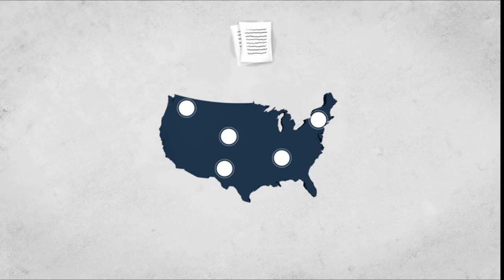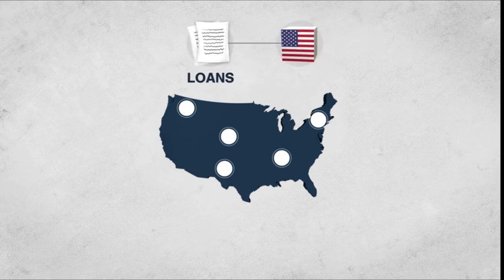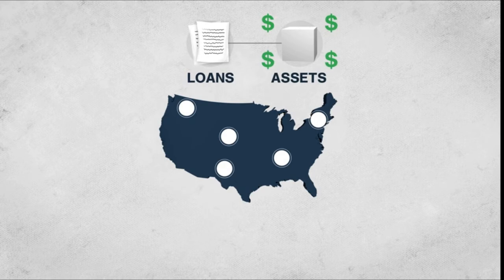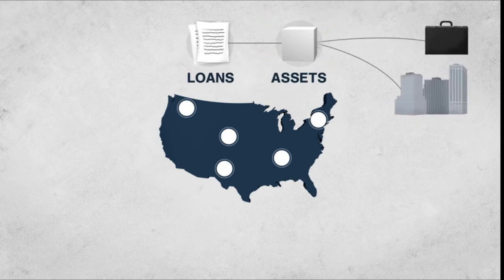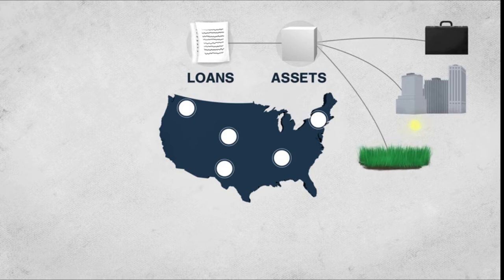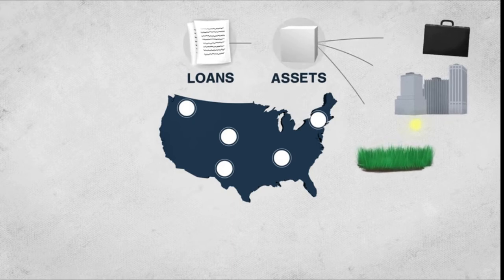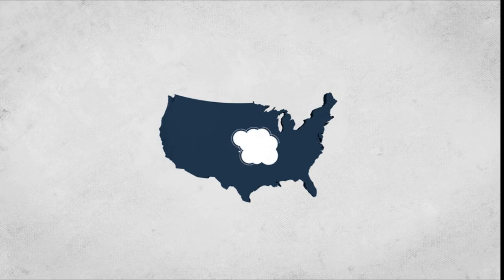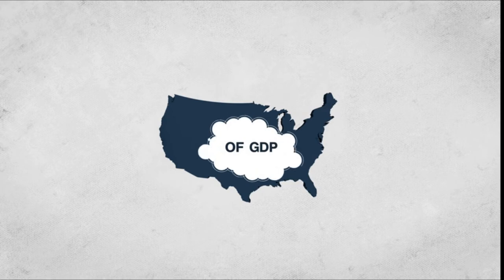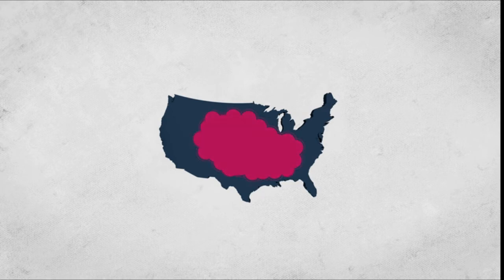Those claims take the form of loans that must be either refinanced or repaid, or in the form of U.S.-based assets purchased by foreigners with the U.S. dollars they earn. And those assets can include whole firms, buildings, land, and a few other items as well. If net foreign claims become a very high fraction of the U.S. gross domestic product, the burden of paying interest and dividends and rents and royalties could drain the U.S. economy.